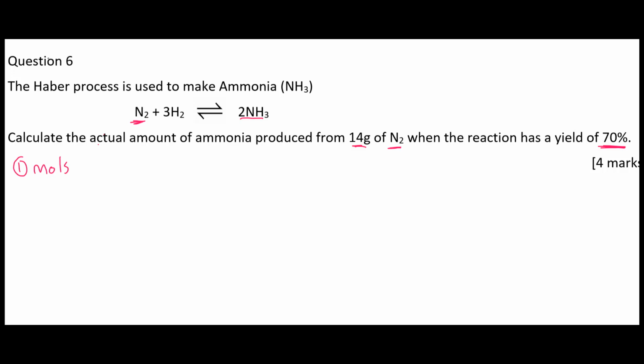And in this calculation, we can work out the moles of nitrogen. Now remember from our previous question that moles is just mass over the mR. Well, the mass is 14 grams and the mR of nitrogen, or N2, is 28.